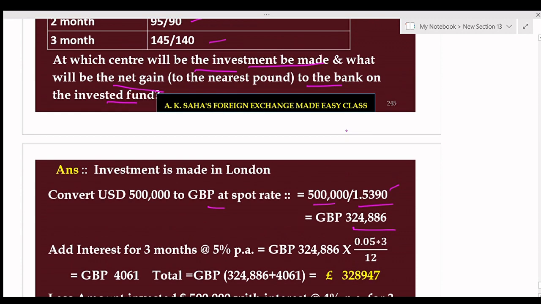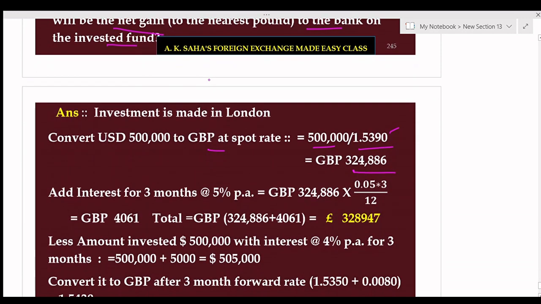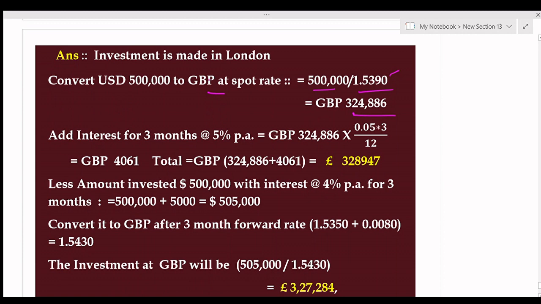Because it is an indirect quote, the bank divides 5 lakh USD by 1.5390.